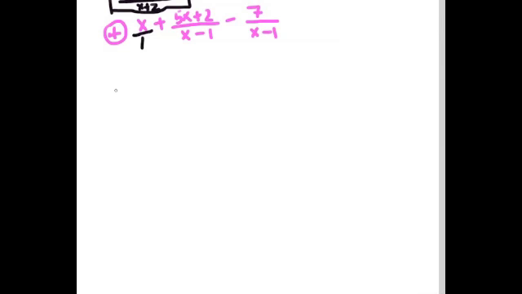Now looking at all the denominators, what's my common denominator? Common denominator for all of these is going to be an x minus 1. Okay, and since it's an x minus 1, the second and the third fraction, since they were already x minus 1s to begin with, they don't change.